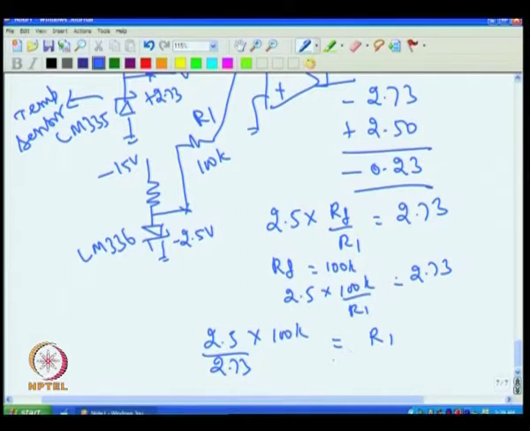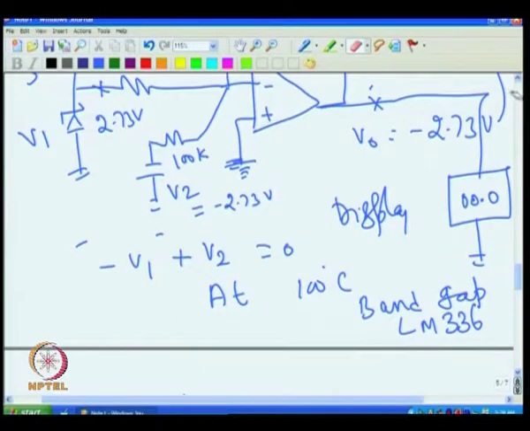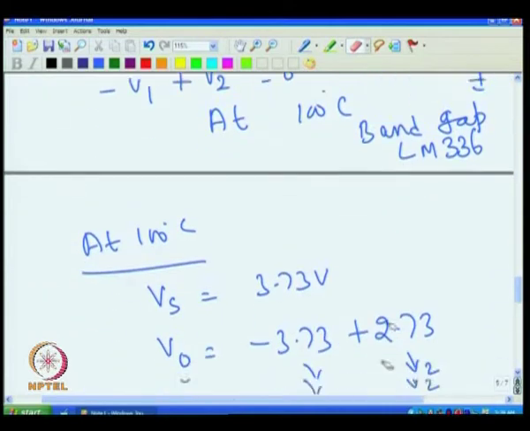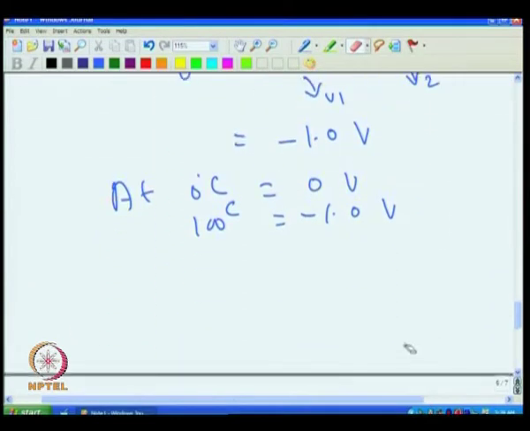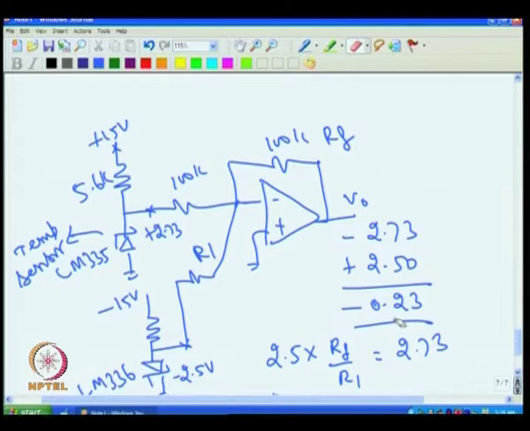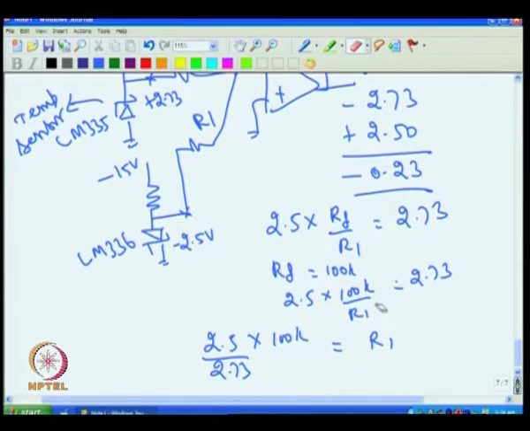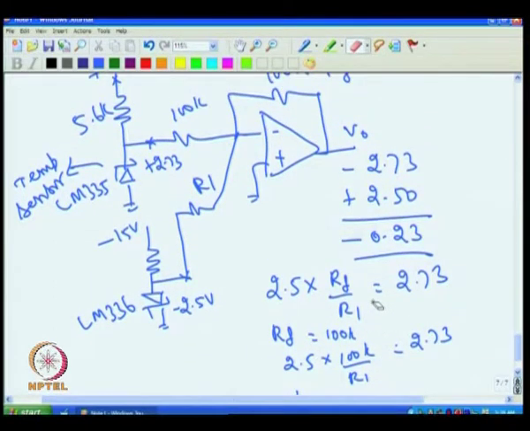Once I put this value of R1 here, not 100 K, then at 0 degree C this is 2.73, and this will be 0, because at that time this is fixed at minus 2.5 volt.